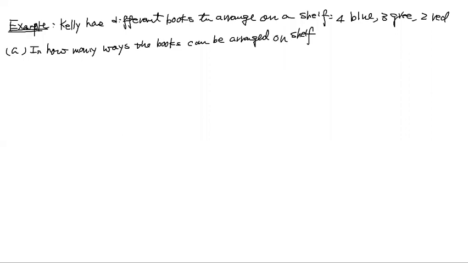Okay, so in here, the total number of books. So we have 4 blue, 3 green, and 2 red. So total I have 9 books, right? So my answer here, how many books do I total to rearrange here? I have 9 factorial.